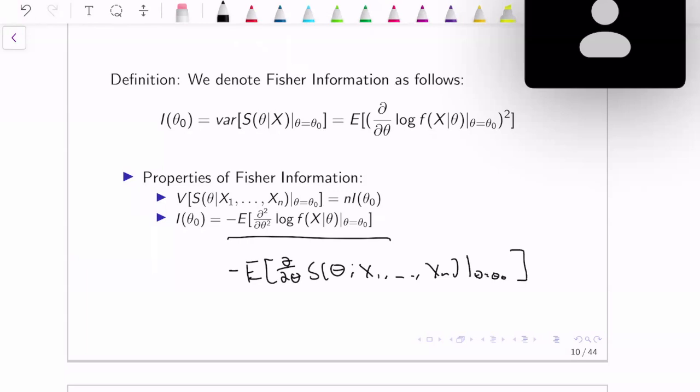Because taking the second derivative of the log likelihood is just taking the first derivative of the score.